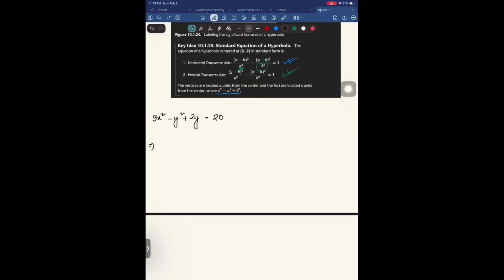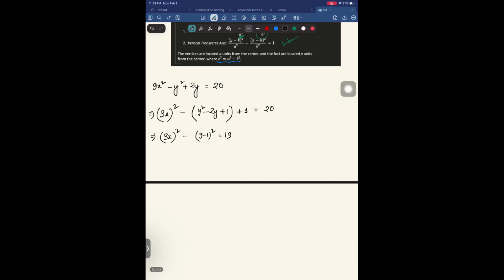So see, this is (3x) whole squared minus y squared minus 2y. I'm forcibly bringing a 1, but at the same time I have to balance everything. So (3x) whole squared minus (y minus 1) whole squared equals 19, right? I'm sorry, this is 19, my bad.